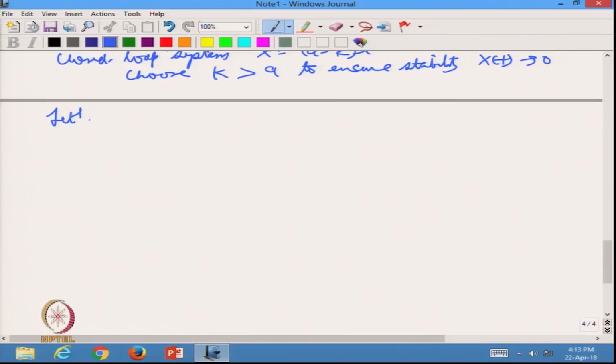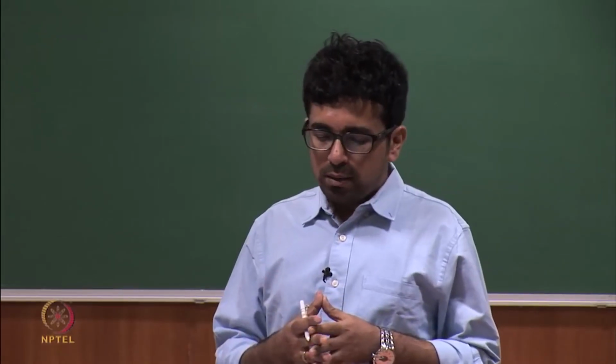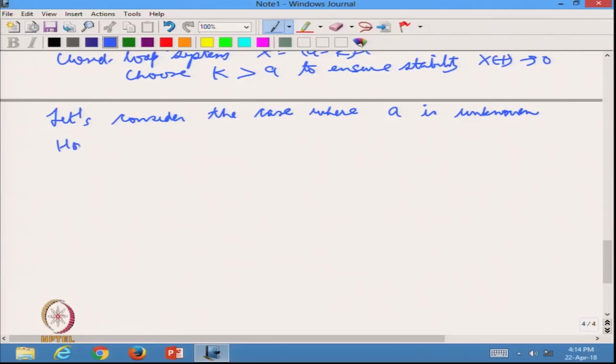So, let us consider the case where a is unknown. Then how would you design k, right? It is not very straightforward to come up with the k for an unknown a, right. So, it is not easy.